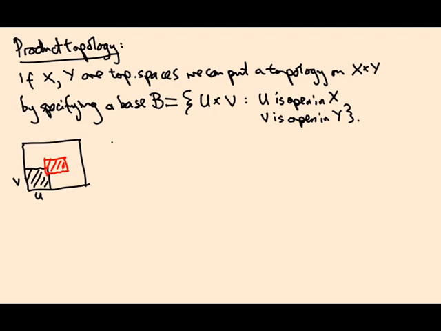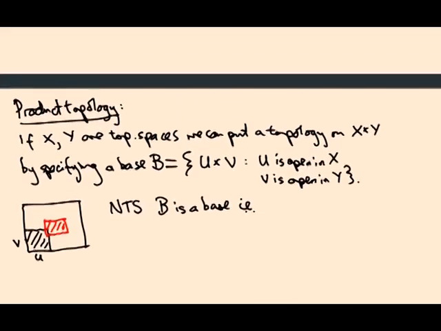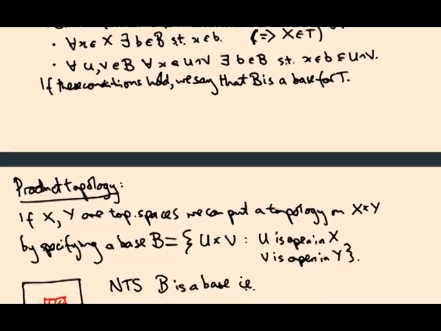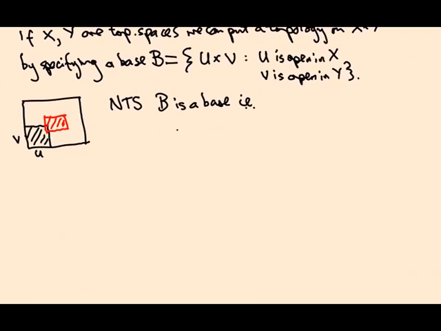So we need to check that B is a base, i.e., let's just go back to our requirements of a base. We need to check that every point is in one of these basic open sets, and that intersections can be written as unions of basic open sets. For all (x,y) in X times Y, we want to show that there is an open set of the form u times v that contains that.